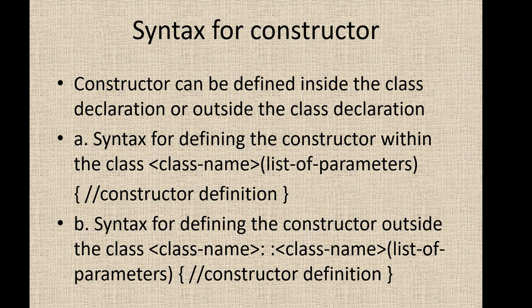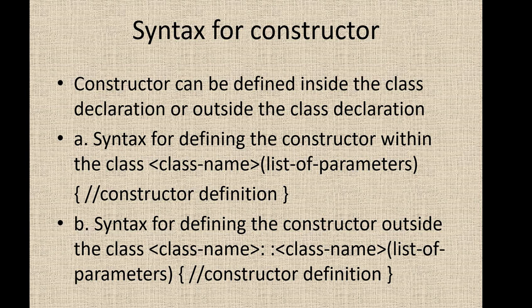The second type is defining a constructor outside the class. If we need to define a constructor or a normal method outside the class, we will have to use the scope resolution operator. The first class name represents the name of the class, then the scope resolution operator, following which we again have a class name.